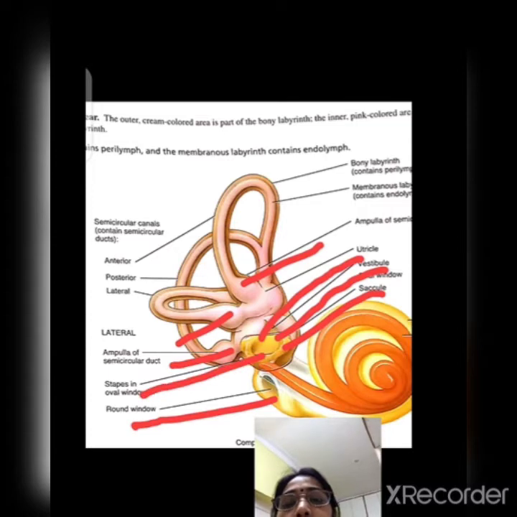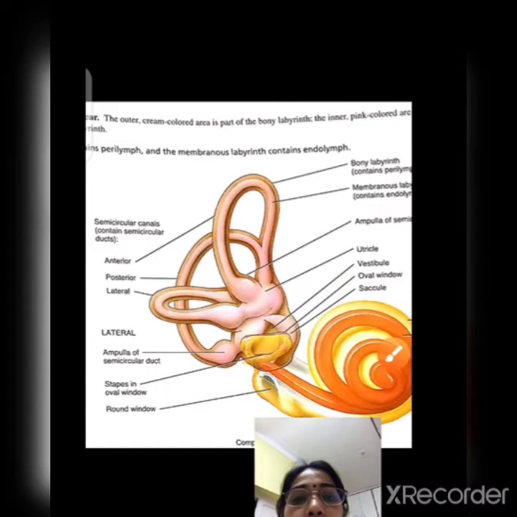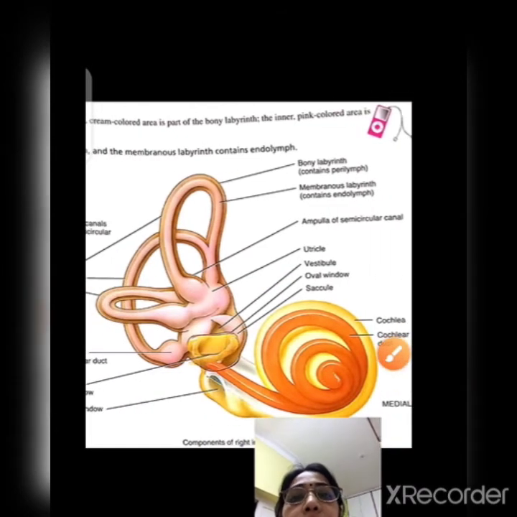Okay, and this is the bony labyrinth. Here it is the bony labyrinth, and you can see the membranous labyrinth inside. Here it's the membranous labyrinth inside, and there is the ampulla of the semicircular canal here.